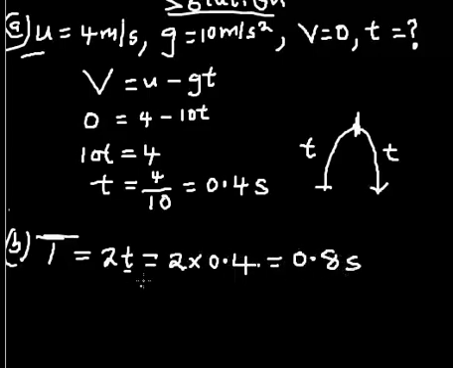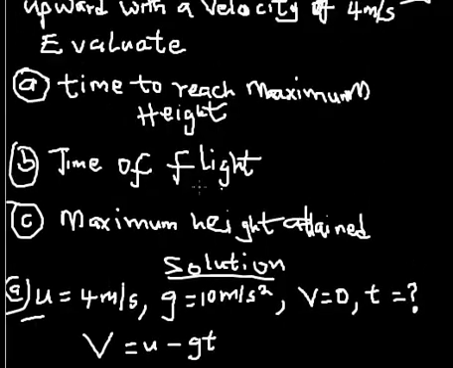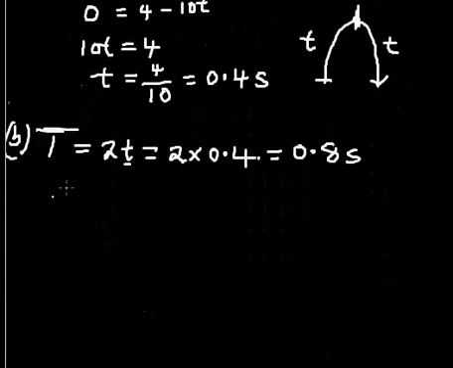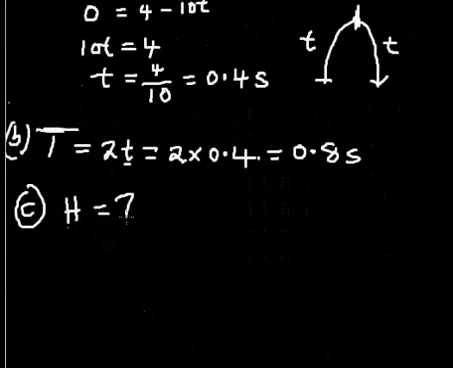Then finally we are being asked to find the maximum height. So I have an unknown parameter now, which of course is the maximum height. Which equation helps me with the maximum height?